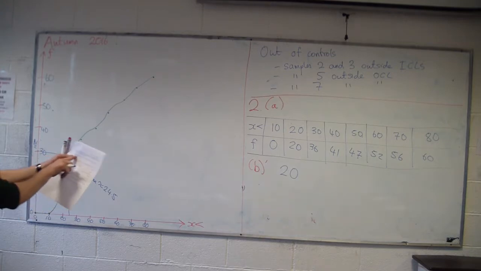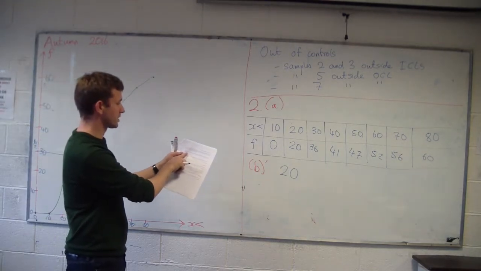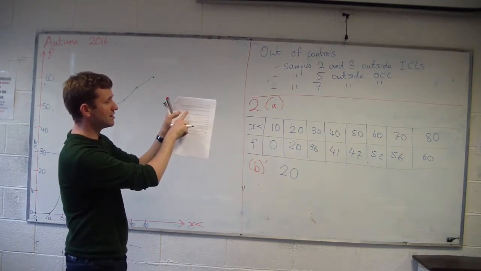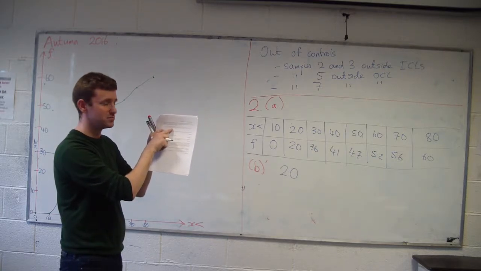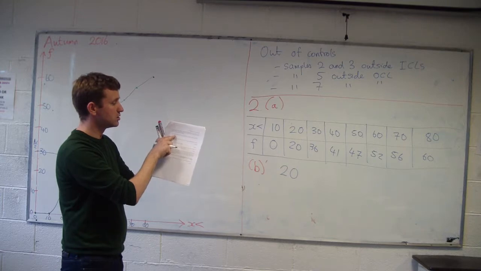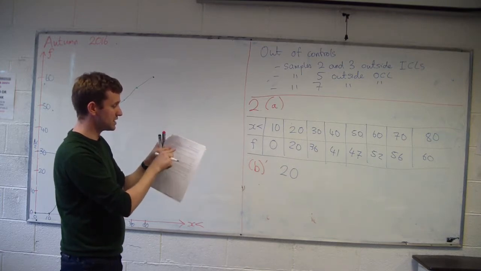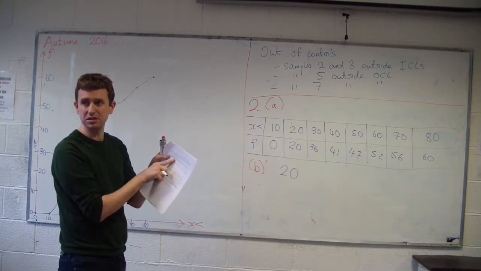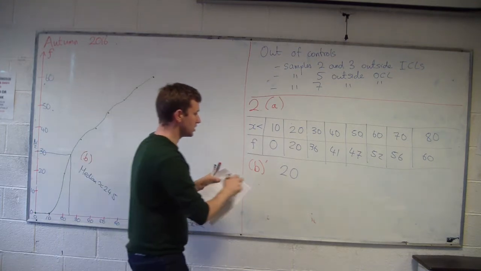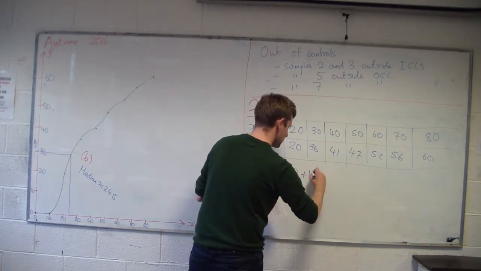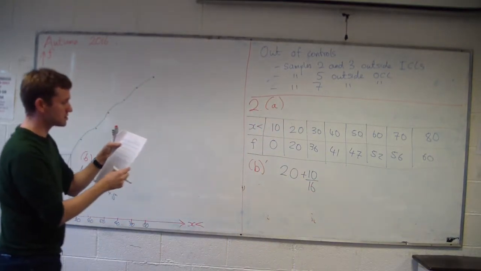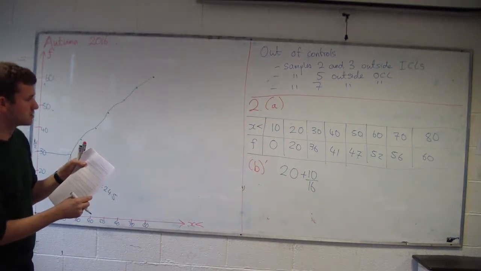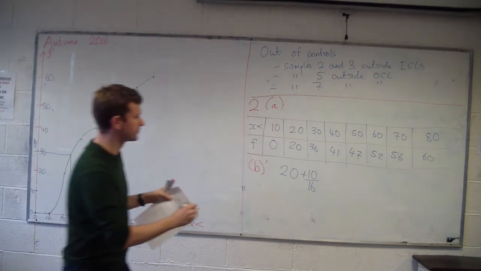If you look at the first, you've got 20 in the first, and then 20 to 30, if you add them all up, that's 36, but that's too many. Because it's more than the median. It's more than you need. You just need 10 out of those 16. So you take 10 out of the 16 times the distance from 20 to 30, which is 10.